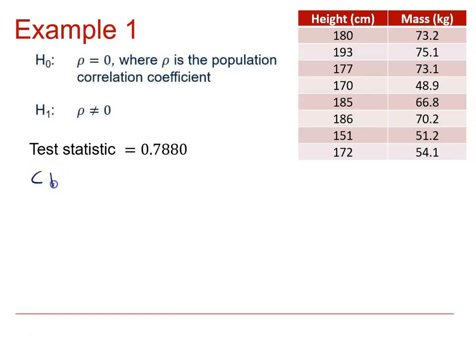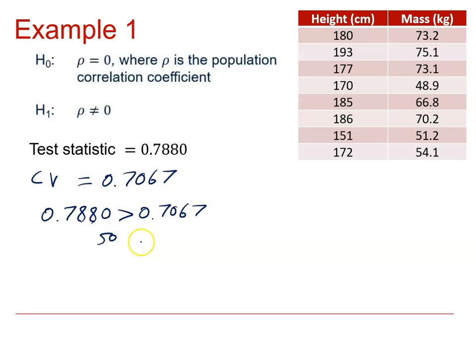So our critical value is equal to 0.7067. Referring to that diagram, 0.7880 is greater than that upper critical value. So it is significant, so we reject H0.